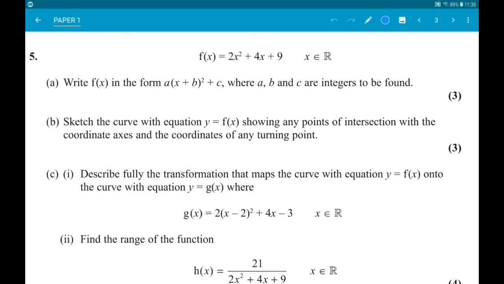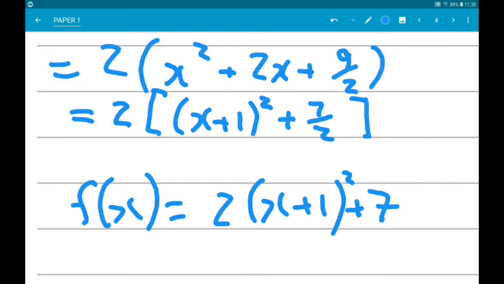Okay, so it's a quadratic, so there will be a turning point. When x is 0, y is 9. So the y-intercept is 9. So, what else do we know?